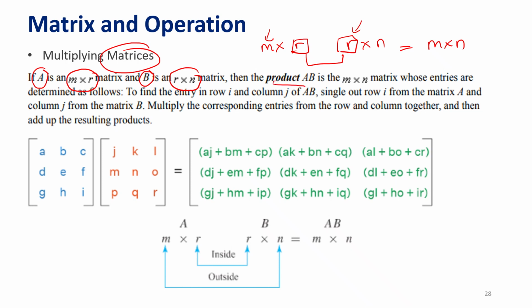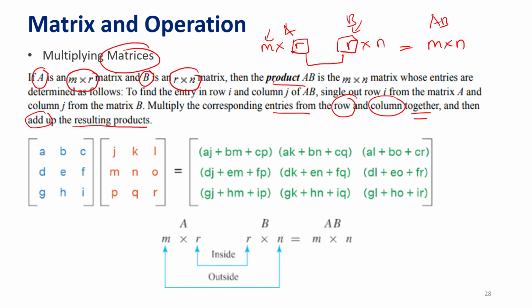When matrix A is M by R and B is R by N, then AB is an M by N matrix. In order to multiply, first you multiply the corresponding entries from the row and the column together, and then add up the resulting products.